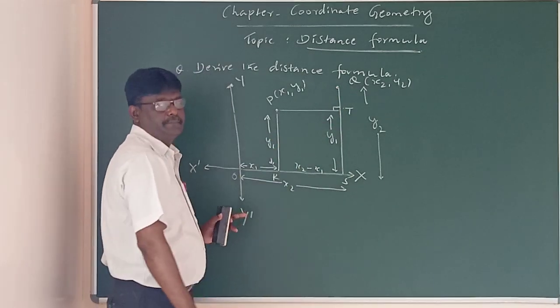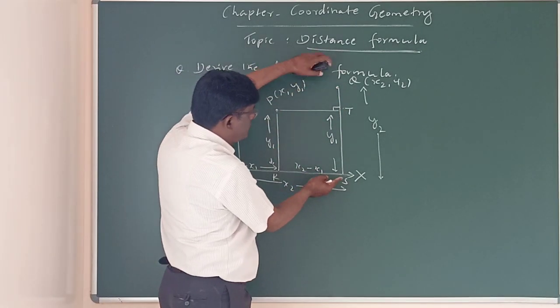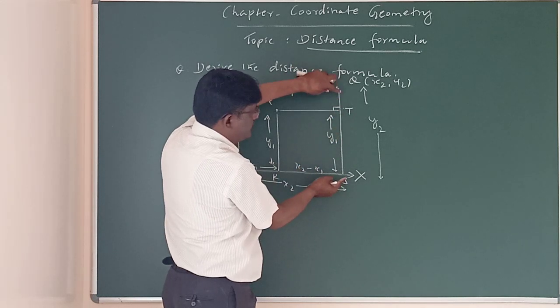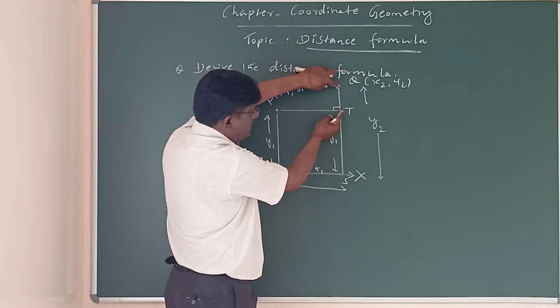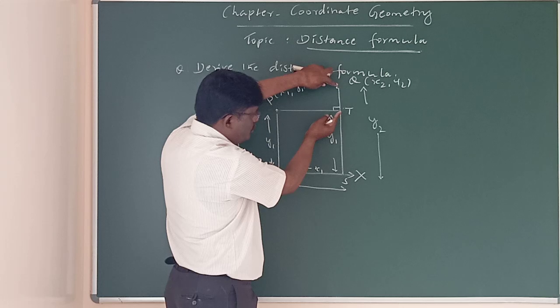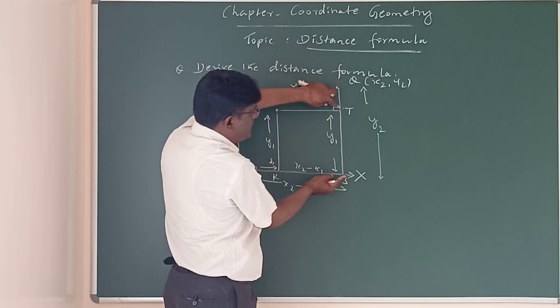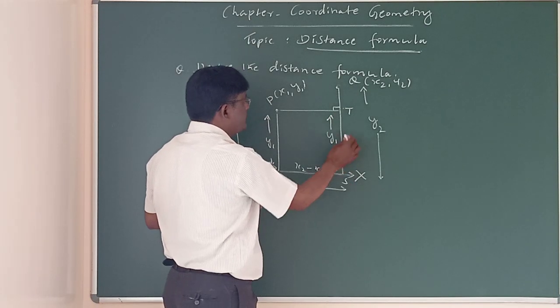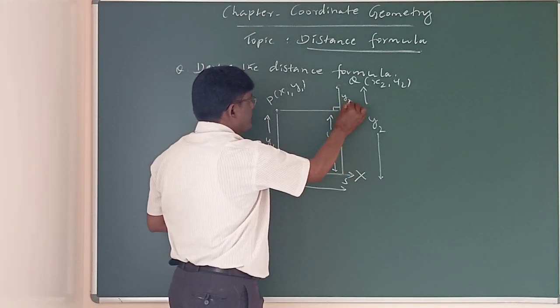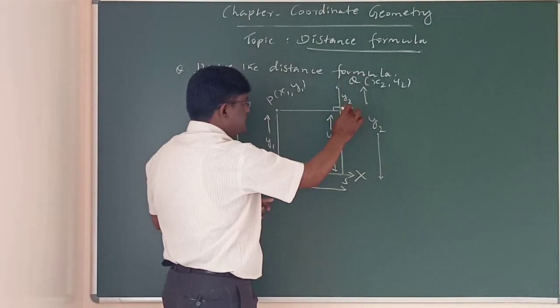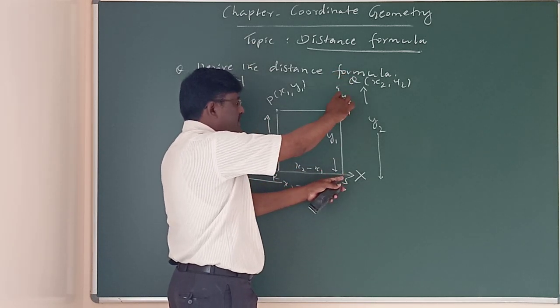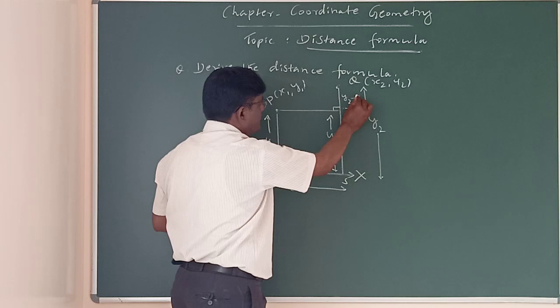Hence QT is QS minus TS, which is y2 minus y1.